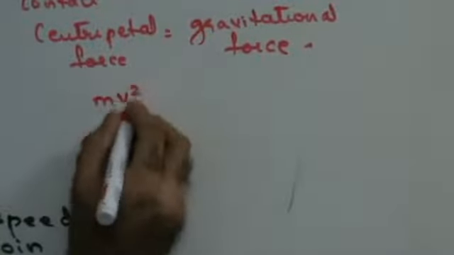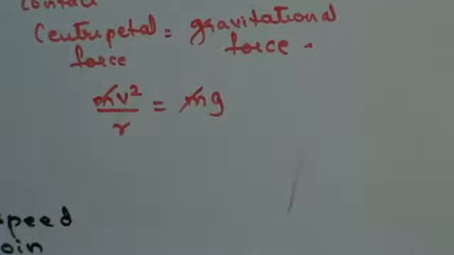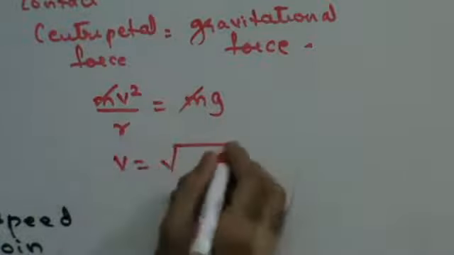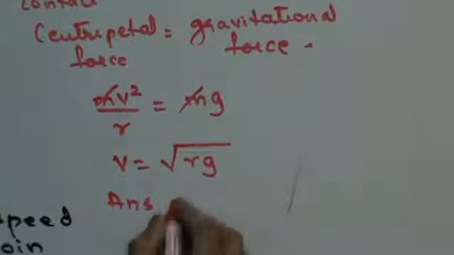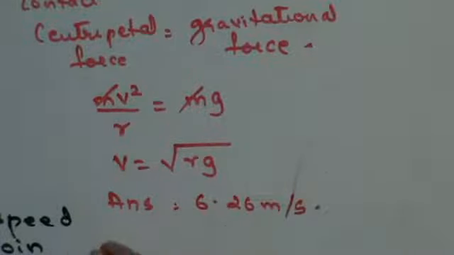Centripetal force is nothing but mv square by r. Gravitational force is mg. In that case, I can say that v is square root of rg. The answer for this sum should work out to 6.26 meters per second.